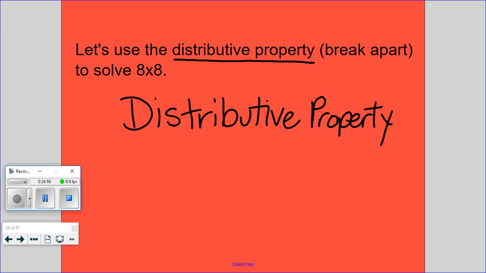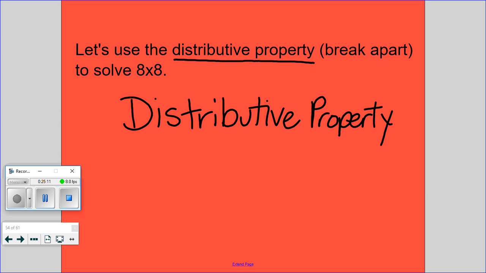So if I'm distributing pencils, I'm going to give everybody 1 or 2. Giving a little bit each time. We've talked about properties. We learned about the commutative property. It's like a fancy math rule.